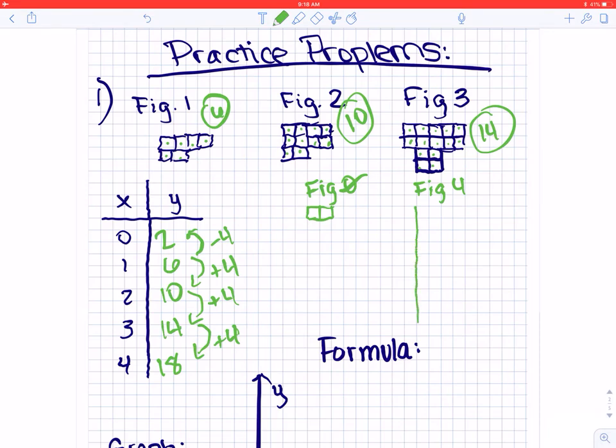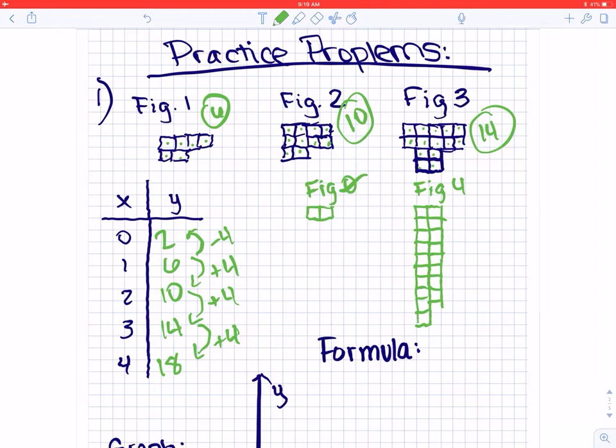It does not matter what my figure looks like. It matters that I have the right number of tiles drawn, or squares. Okay, so there's 18 tiles.